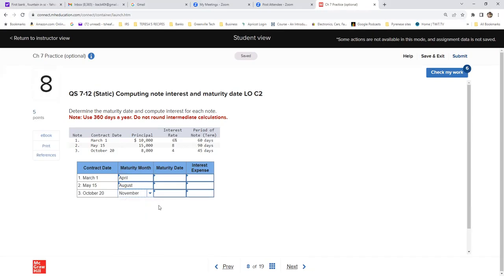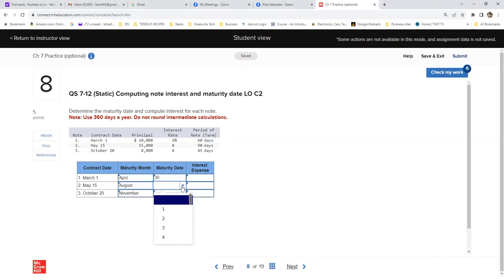Next, we have to add the number of days to the contract date to come up with the maturity date. In the case of the first one, it's 60 days, and the maturity date is April 30th.